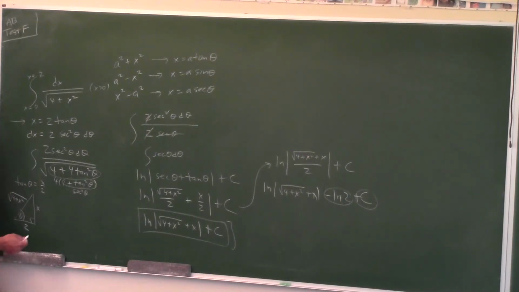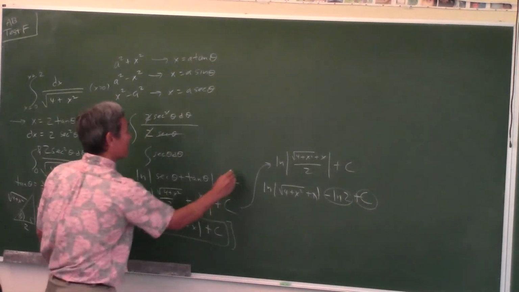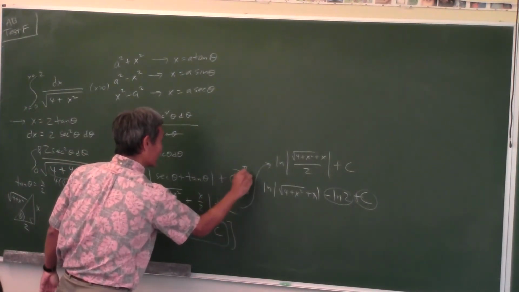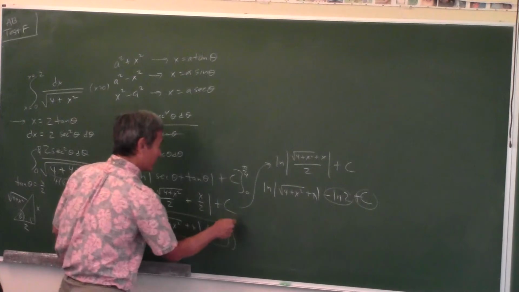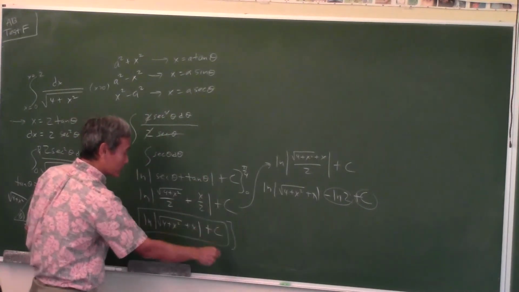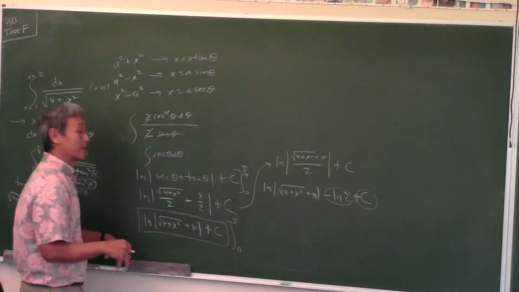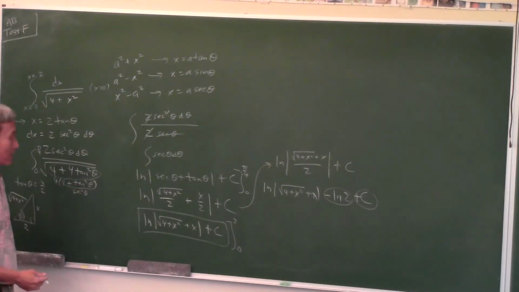So theta is 0. And if I plug in 2 for x, that's tan theta equals 1, so pi over 4. These are your new limits. So when you get this answer, you just go from 0 to pi over 4. The C's cancel. Don't go back and go 0 to 2. I mean, you can, that's correct, but that's just extra work.